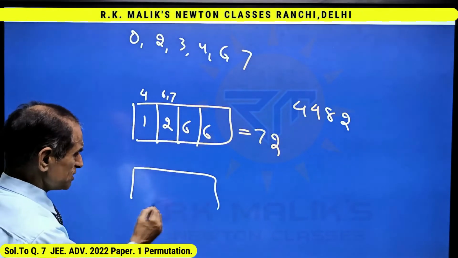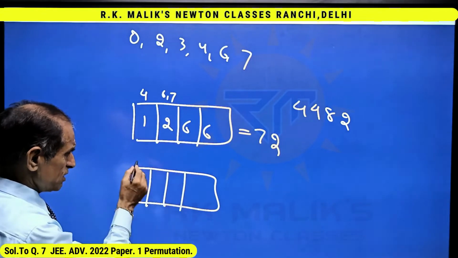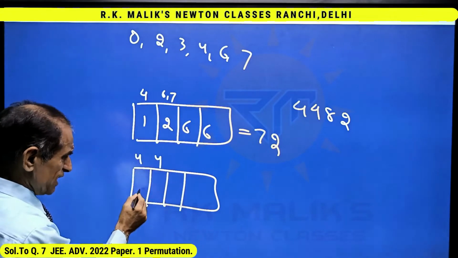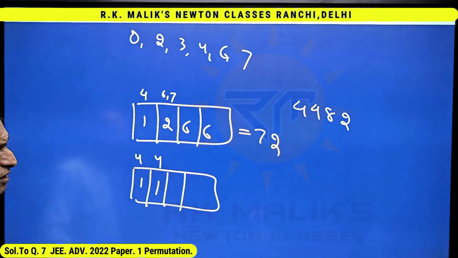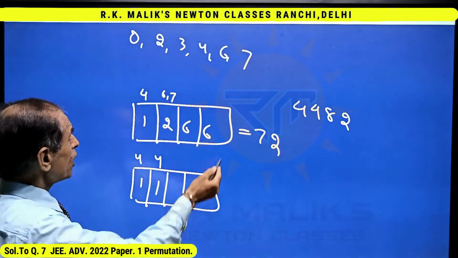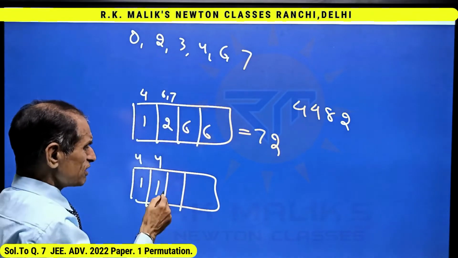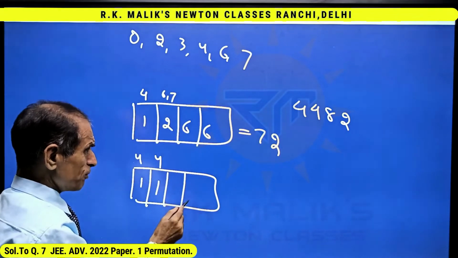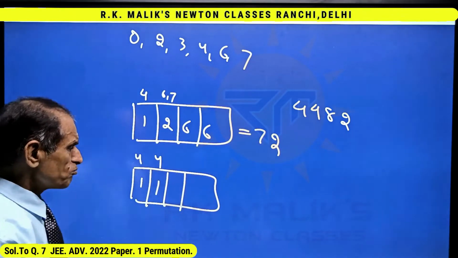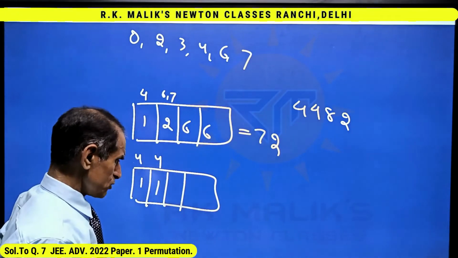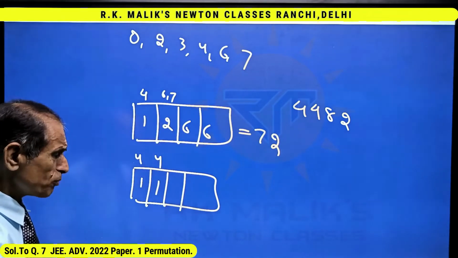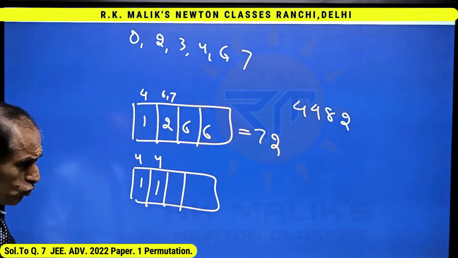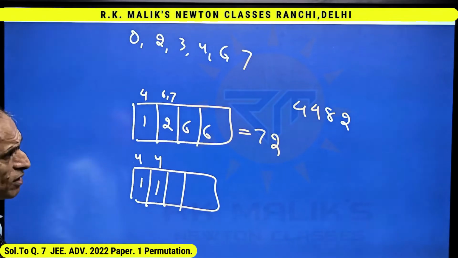But if 4 comes in the second place also, then out of these, whichever digit comes here, the number found will be always less than 4482. That is, here you will not be getting any number to be rejected.